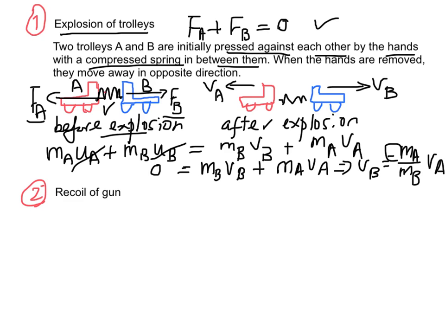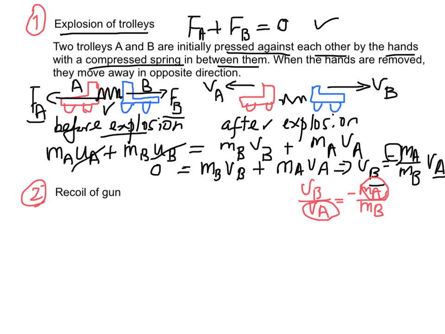The negative sign means that the directions of motion after the explosion of A and B are opposite. Also, the ratio VB over VA equal to negative MA over MB, which means that for a greater mass, the velocity will be smaller.